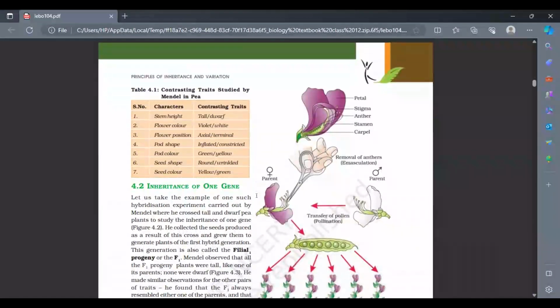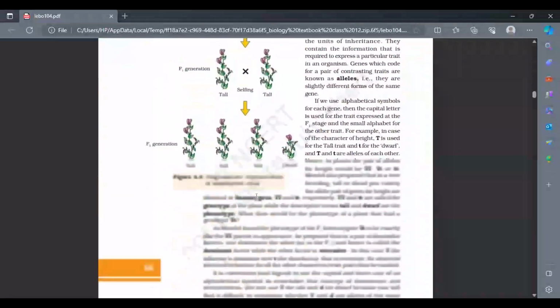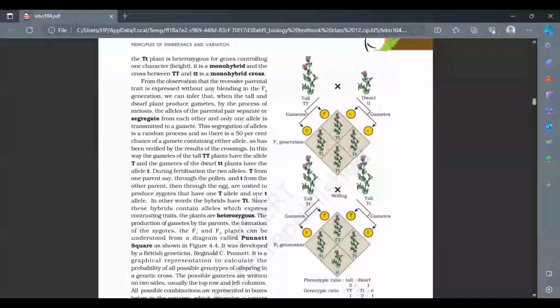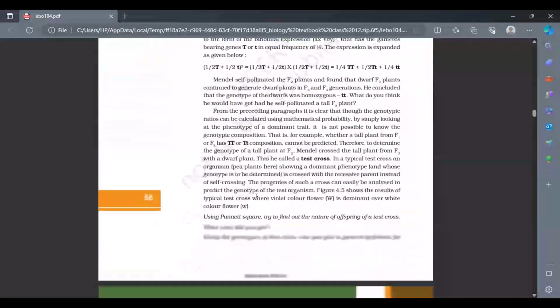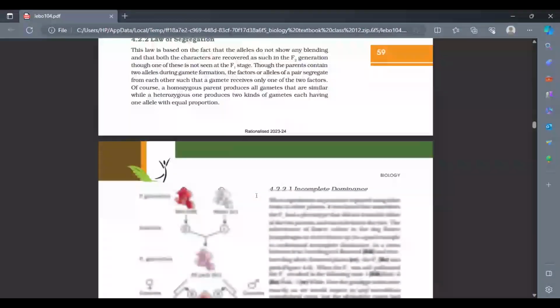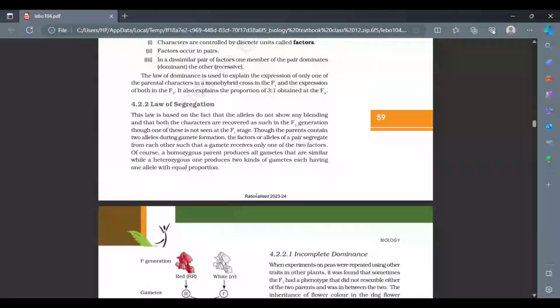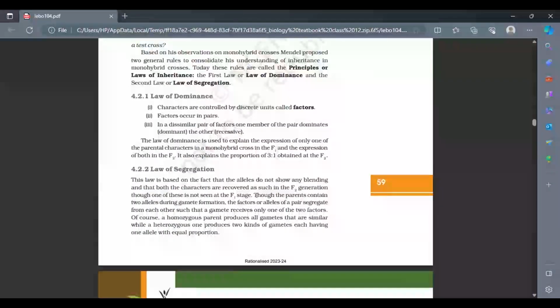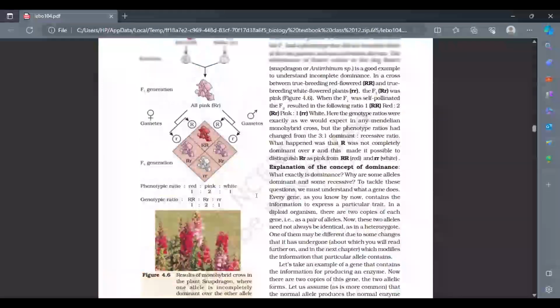But obviously, we'll talk about both the inheritance of one gene as well as the inheritance of two genes together. Means the monohybrid and dihybrid cross we are talking about, okay? And then we'll see how to complete a Punnett square. How can that be done? How Mendel's different laws can be understood, okay?